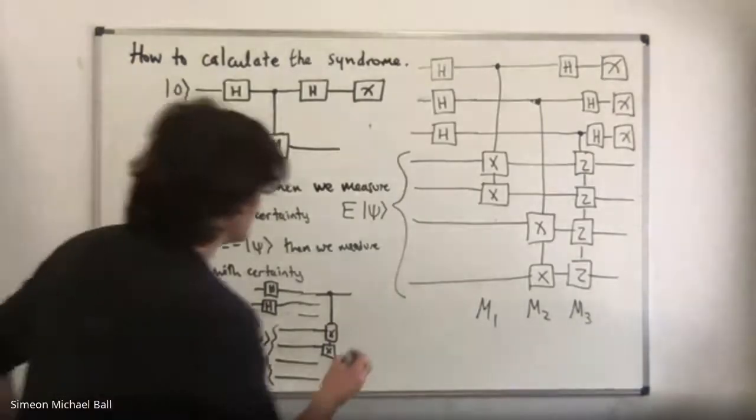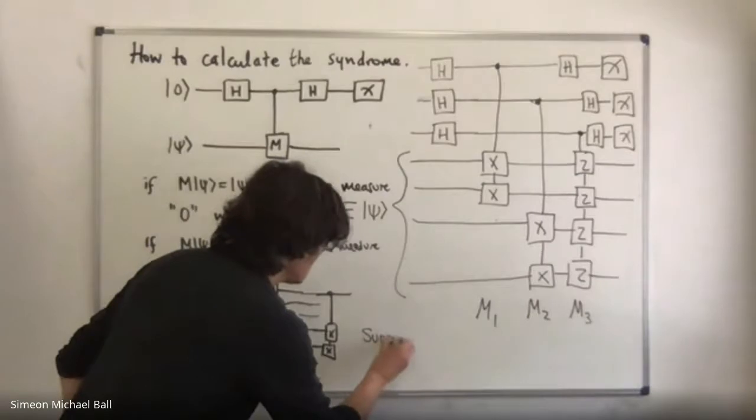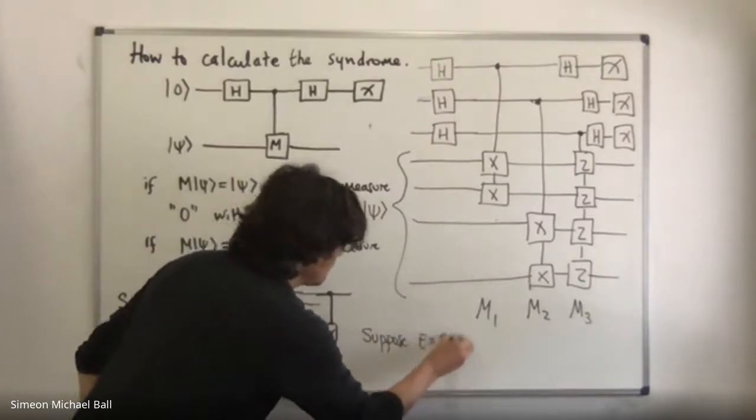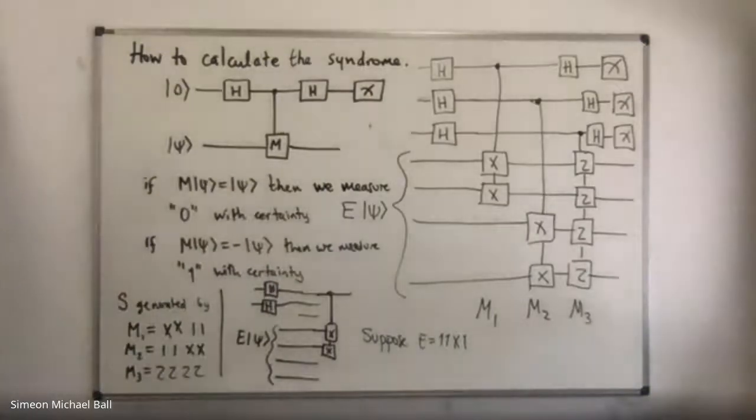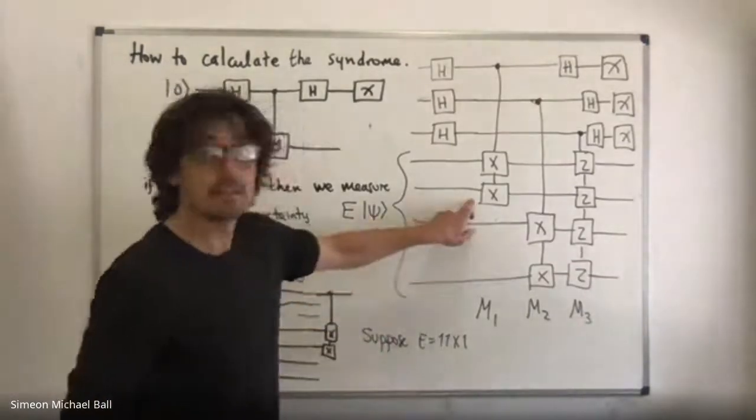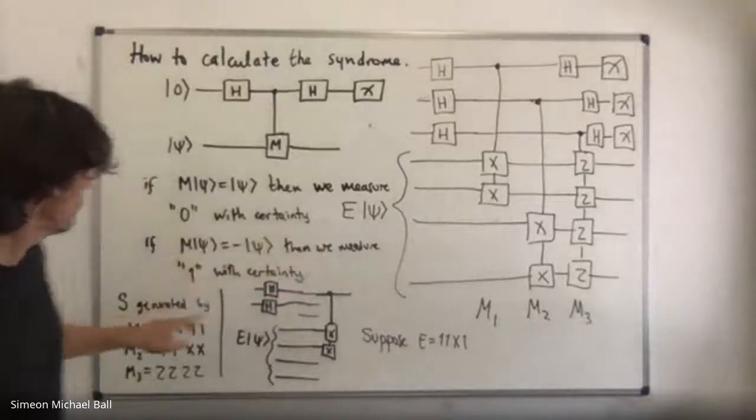So let's just look at an example. Suppose E was 1, 1, X, 1. Now, when it comes to the M1 bit, this bit here, E commutes with M1.